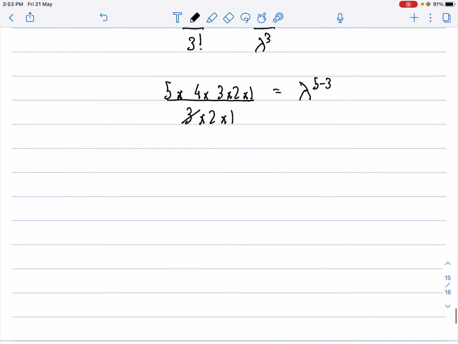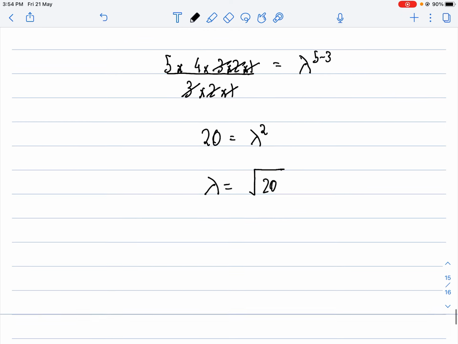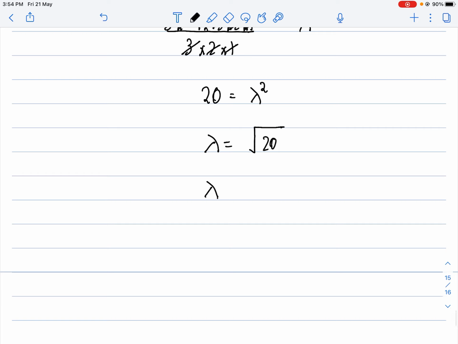So now I can simply cut 3, 3, 2, 2 and 1, 1 here. So 5 into 4 I know is 20, which is equal to lambda raised to 5 minus 3, which is 2, which I can write as lambda equals the root of 20. Lambda can never be negative, so my lambda is basically equal to root 20, only the positive, okay, not the plus minus. So the value I get is simply 4.47, which is the answer for lambda.